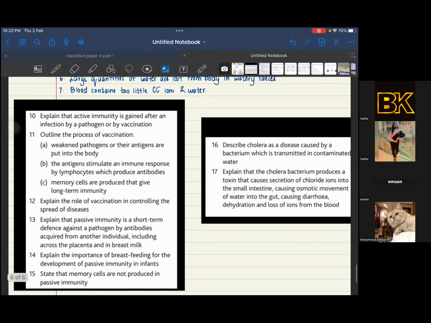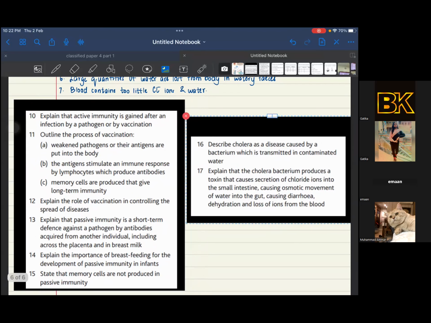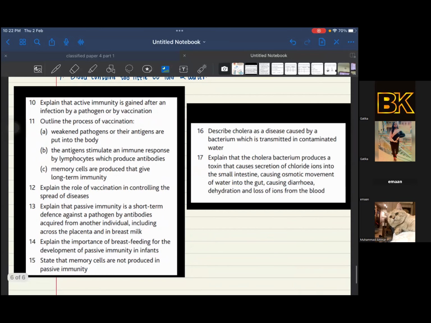This is from the 2023 syllabus. Okay. So I just want you guys to look at it and then you guys can tell me if there's something you guys don't understand. This is only the part that you guys did with me.